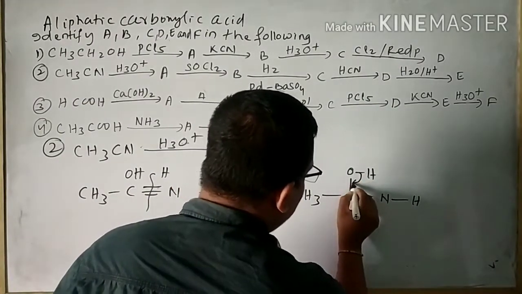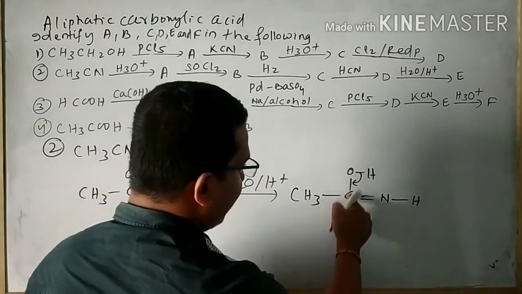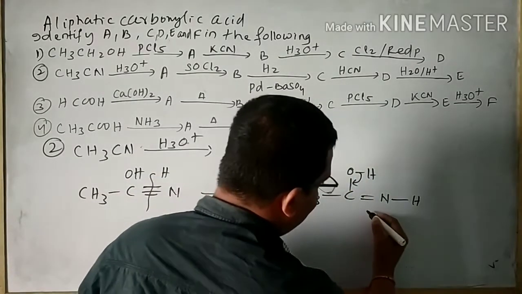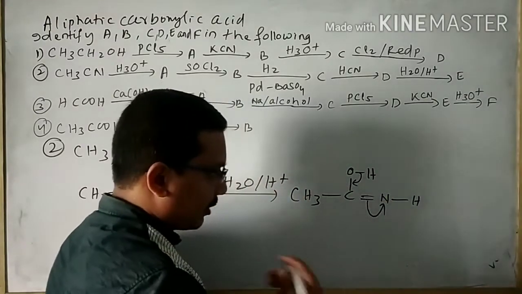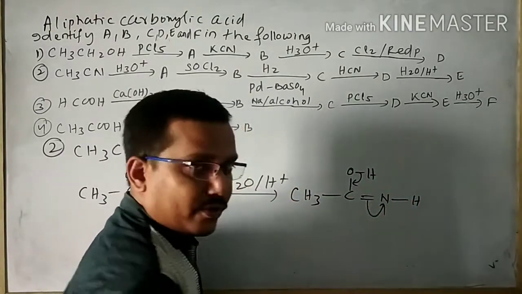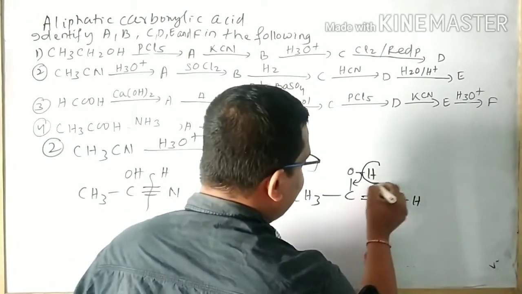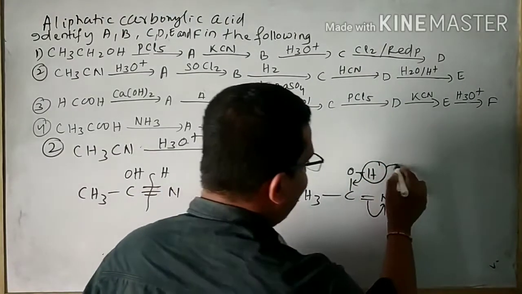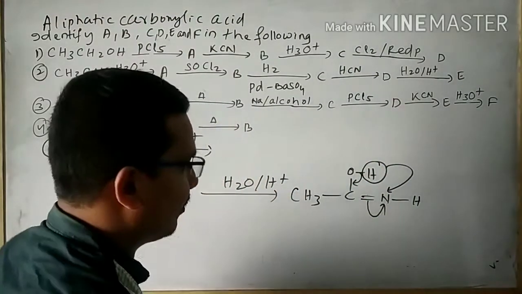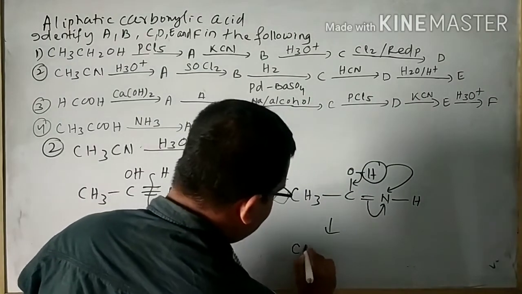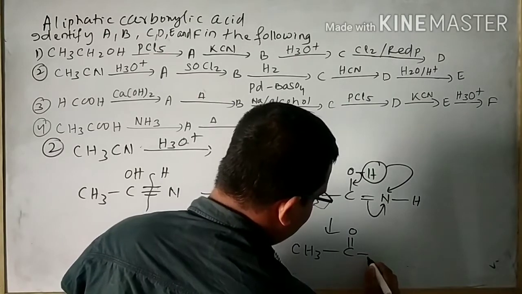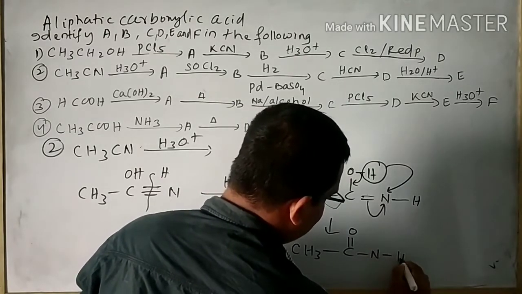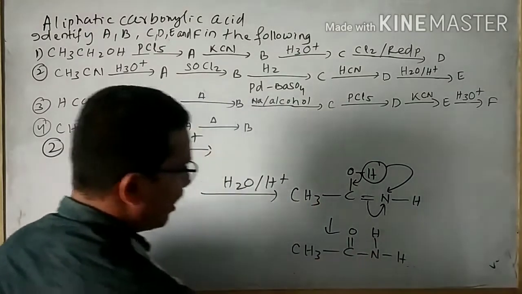Now I will form a double bond between carbon and oxygen, and again I will break a pi bond and create a negative charge on the nitrogen atom. This hydrogen is removed as H plus and it will attach to the nitrogen atom. Then the product is CH3, bond C double bond O, bond NH, bond H. This is the amide product.